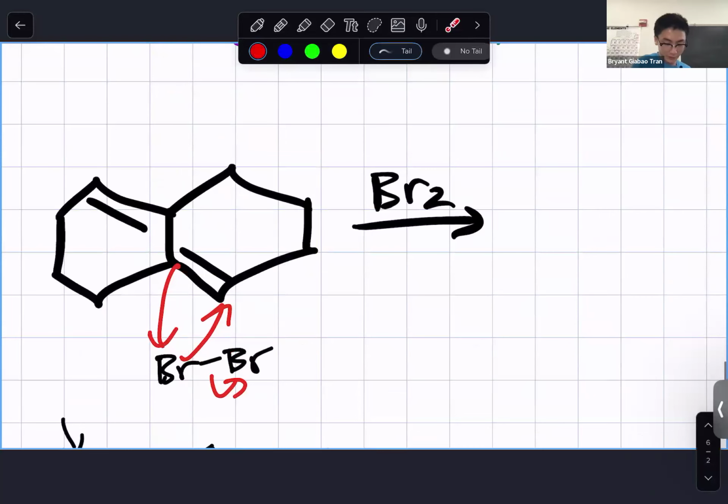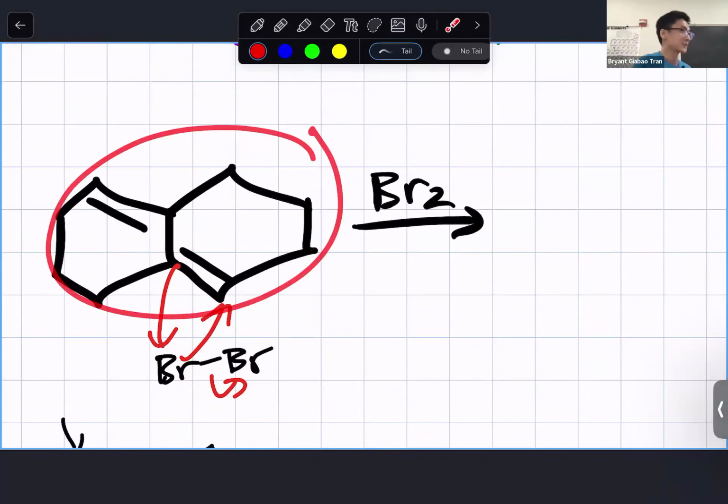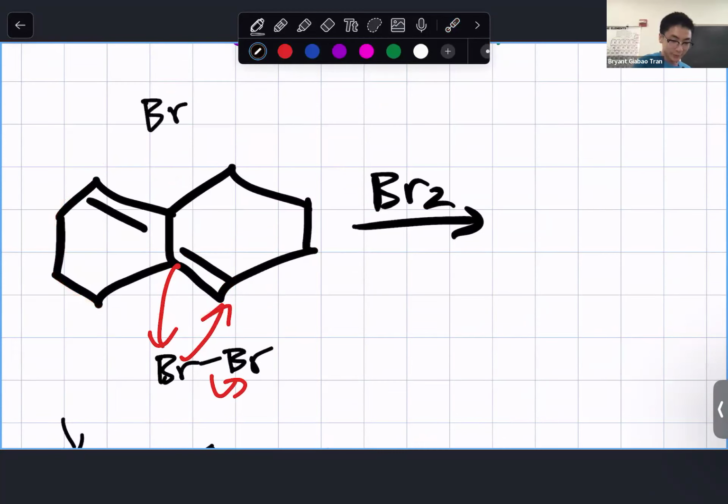So you guys notice how this is symmetrical right here? If we try to make the resonance set for the other double bond, we're going to see that we are making the exact same resonance set, right?